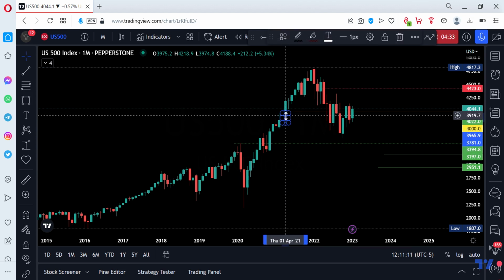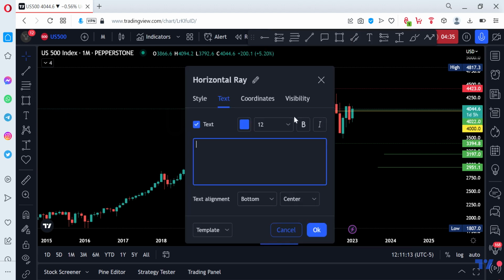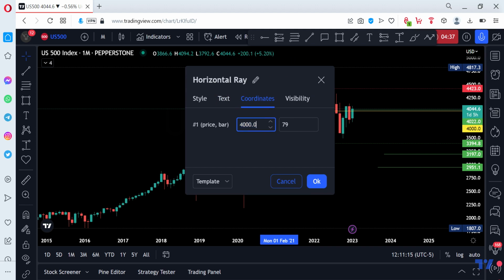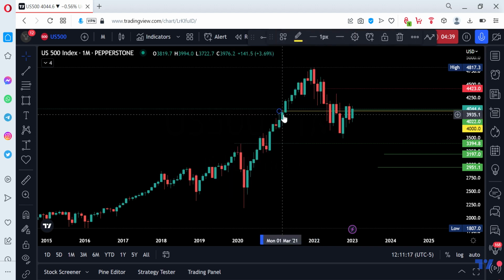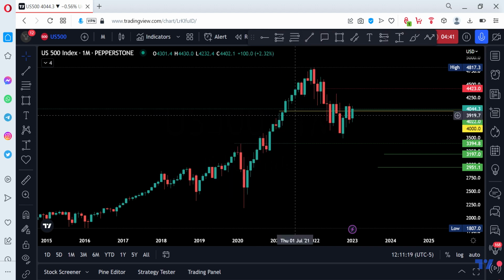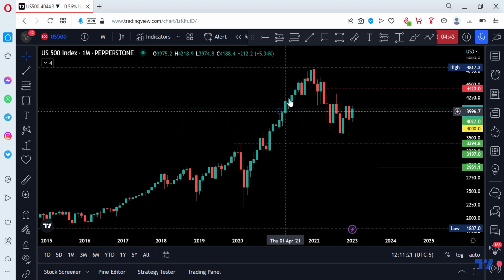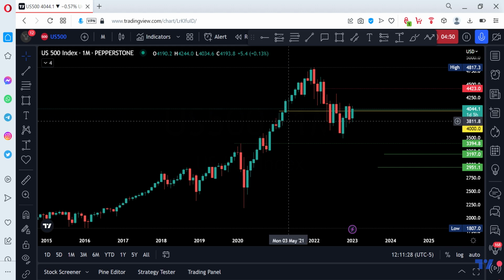This place. I put 4,000 because that's a round number. Whenever there is a round number and an important price, and the price just gaps up on the daily and the monthly, you're more likely to get a measuring gap. So we already got that.